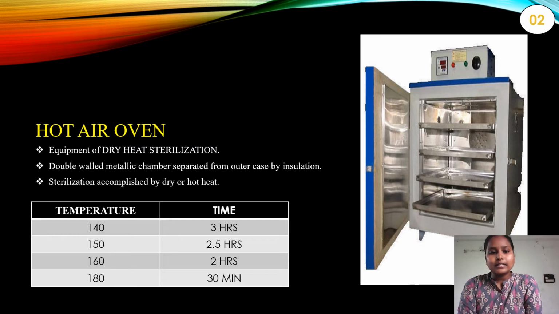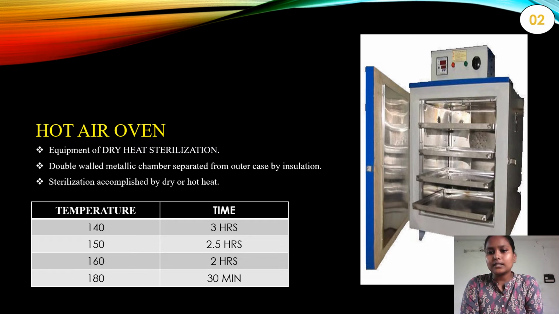So as the temperature increases, time reduces, or temperature decreases, the time increases. So this is about the hot air oven, and the application says it is used to sterilize glassware or porcelain pieces, and it is used for materials which are impermeable to moisture.